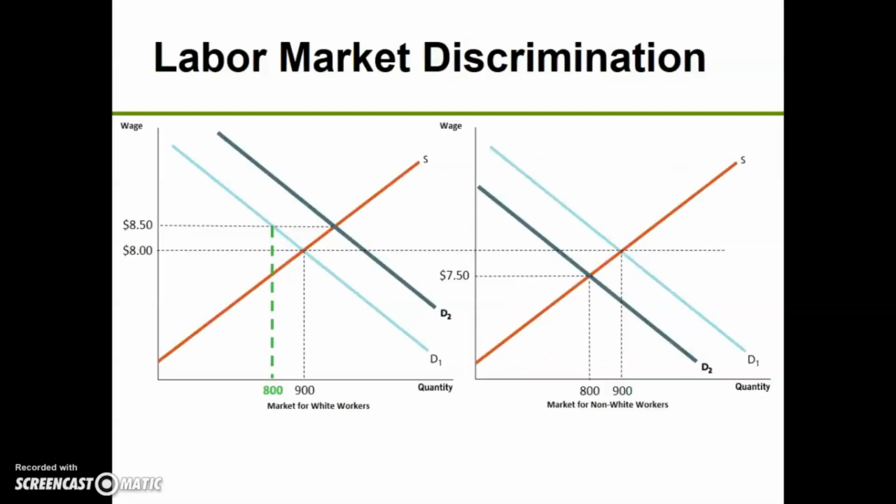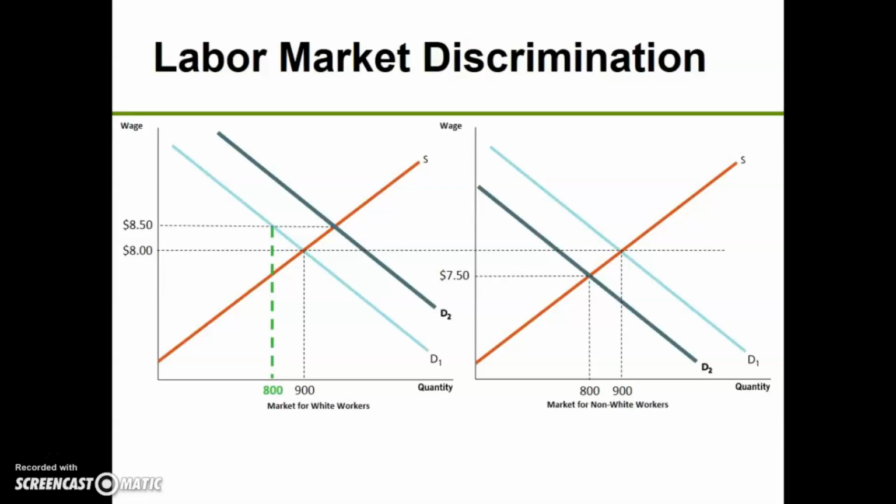Because this is what actually tends to happen in the market. Remember that the demand shift over in the white worker market was because of some non-market preferences. And so just because the firm's preference may be to hire more white workers does not mean they actually can afford to hire that higher number of workers.